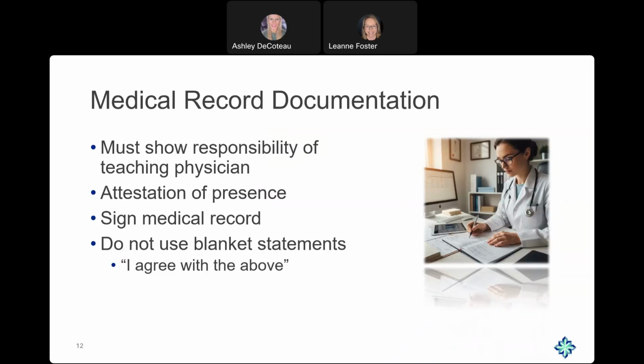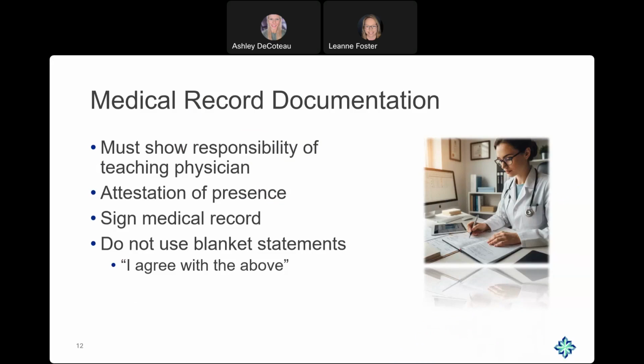The medical record must demonstrate the responsibility of the teaching physician. So the documentation must include an attestation or a statement to reflect the teaching physician's presence during the key and critical portions of the service.